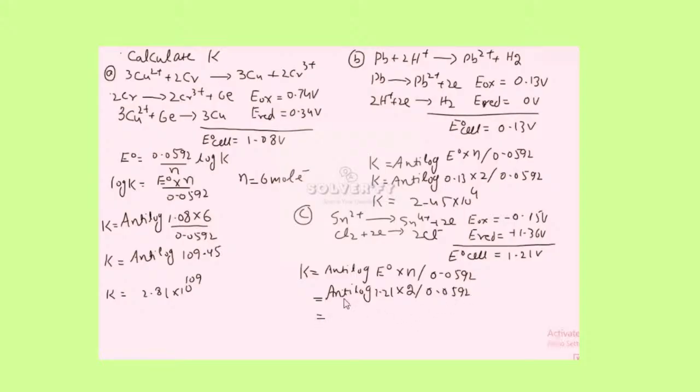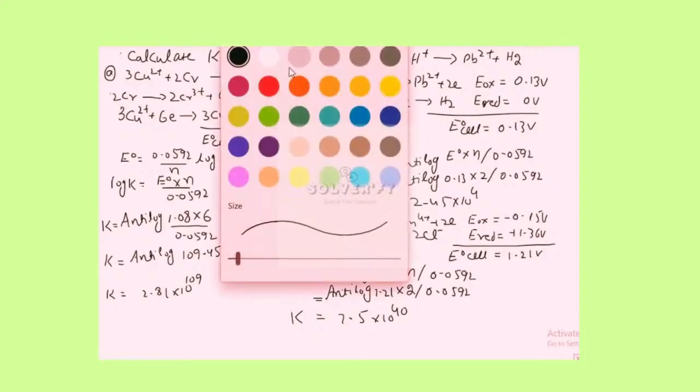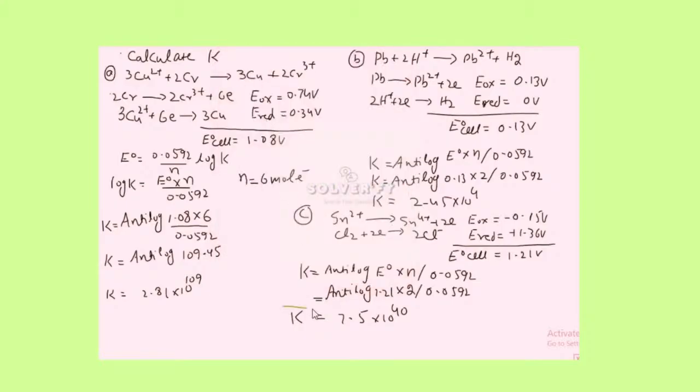So calculating the value and then taking the antilog, we get the answer of K, which is equal to 7.5 into 10 raised power 40. So these are the required answers of each part.